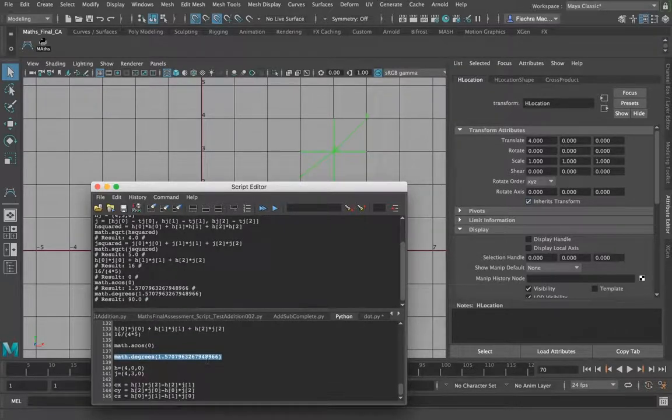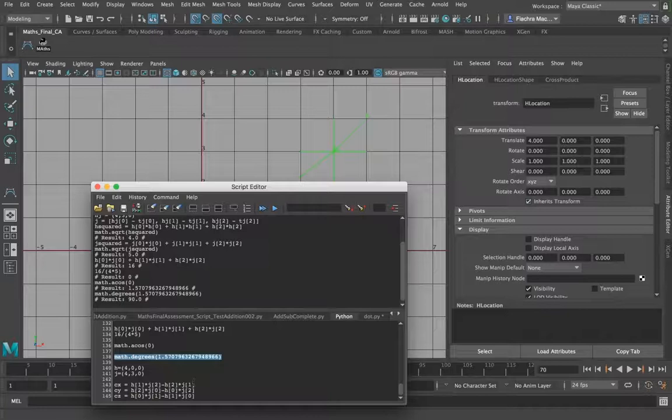So we know that that triangle is definitely a right triangle. Okay, so next what we need to do is find the cross product. Get the x coordinate of the cross product.